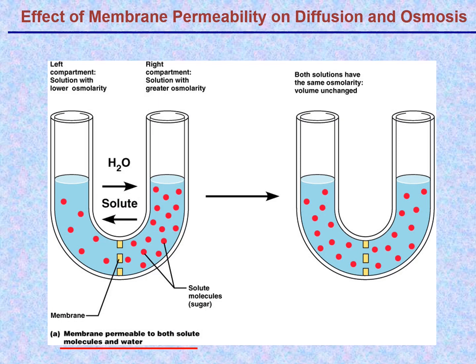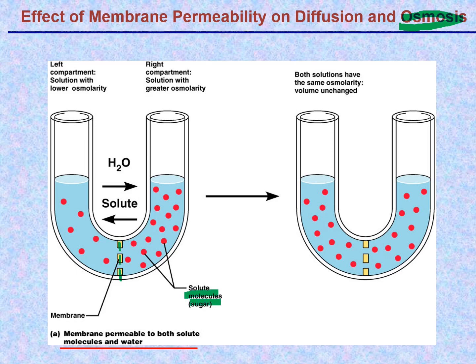And here's an example of movement of water, diffusion of water across a semi-permeable membrane, and therefore, in other words, osmosis. And here you have the semi-permeable membrane. They're showing that it has pores in it. They're exaggerated in size, obviously. On one side, you have a solution that is a higher concentration.